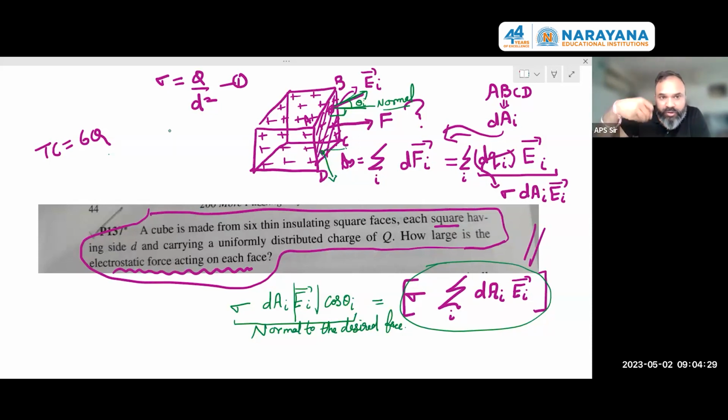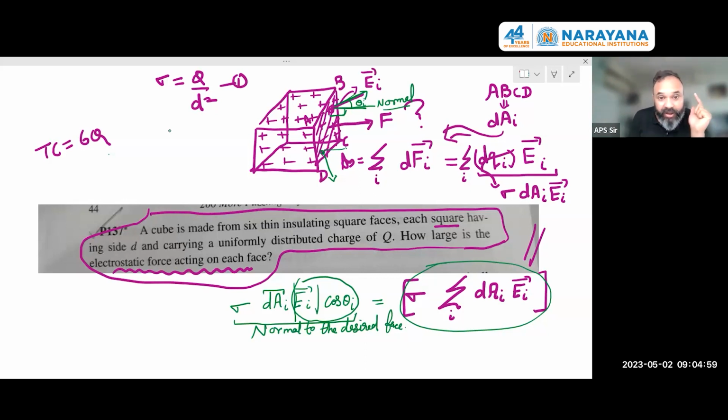Because I knew the symmetry, I said why take the E vectors, only take the normal components of E and multiply by the area, because force is going to be normal to the area. So I took only the normal component of the field here, because I knew that for every element there is an anti-element, the mirror symmetric element, having the same field and symmetric direction in 3D with respect to the body diagonal face.